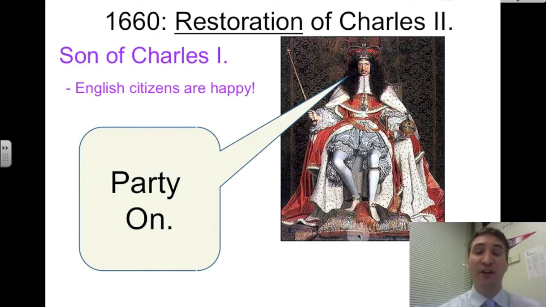Well, after Cromwell, we have a restoration of the monarchy. In 1660, there is the restoration, or the bringing back, of Charles II, who is the son of Charles I. And English citizens are very happy at this change because he brings back all of the arts and entertainment that Oliver Cromwell had taken out of English society.